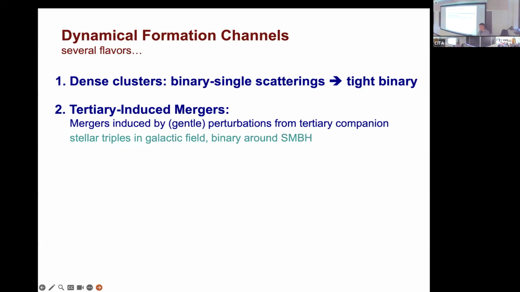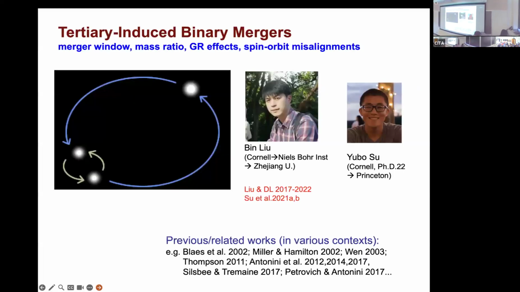If you imagine you have a binary black hole orbiting around a supermassive black hole in a star cluster, right? You have a supermassive black hole there. So this could happen. This is something we have been spending some time on in the last few years, tertiary induced merger.